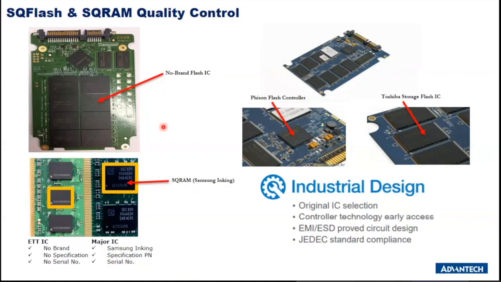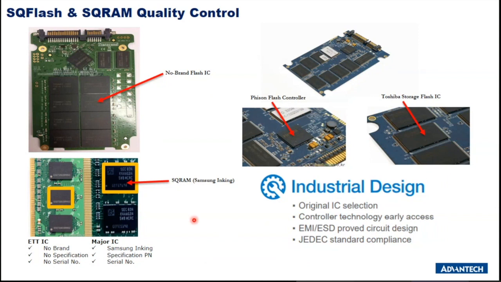As for the quality control, as you can see from the picture, Consumer Flash and Consumer RAM usually use non-branded flash IC. You won't be able to find the brand, specification, part number and serial number here or here. In contrast, SQFlash and SQRAM use branded flash controller and flash IC to ensure our product quality and consistency.